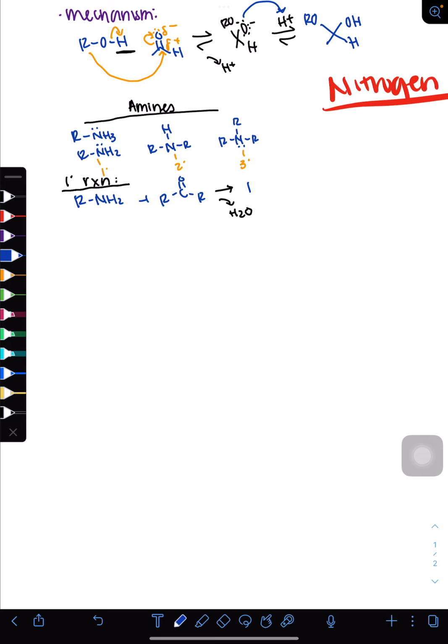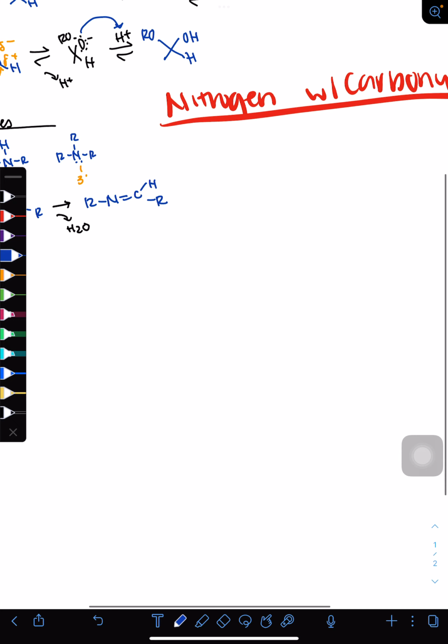Then it will give us the product of an imine. So this is an imine, which is from the Schiff base.